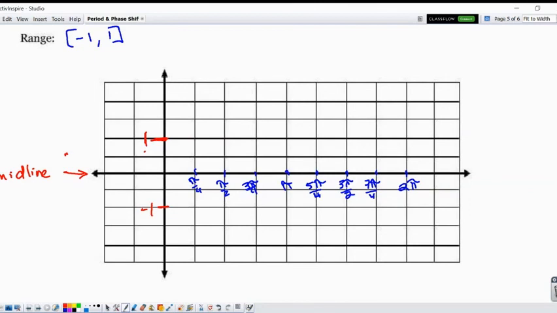Complete the graph with the period change, and then we're going to do the phase shift. I always find that's easier.